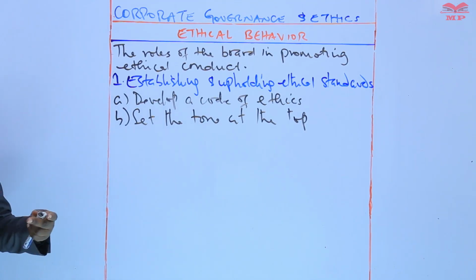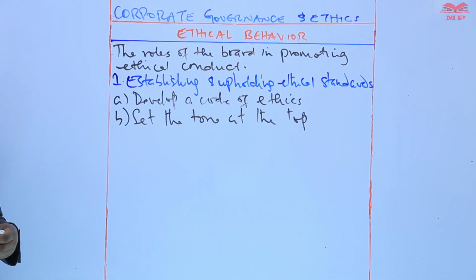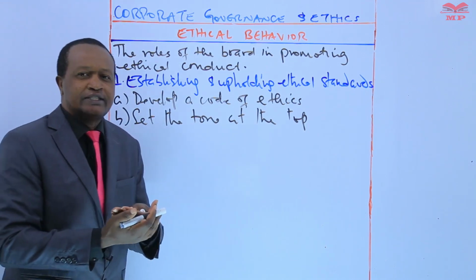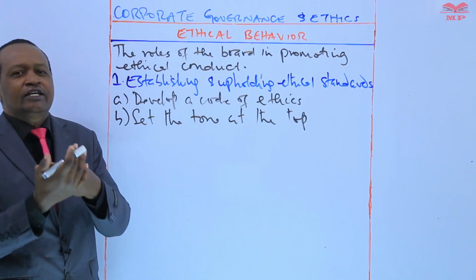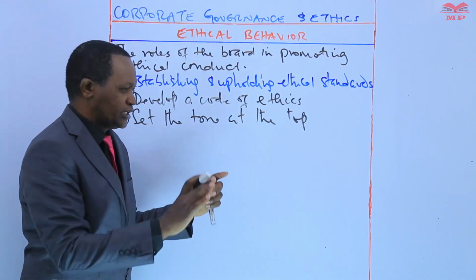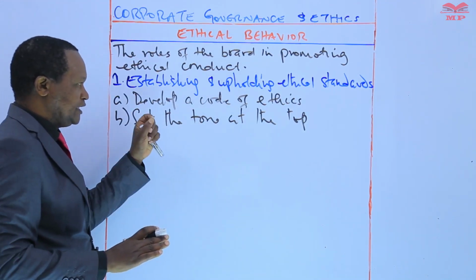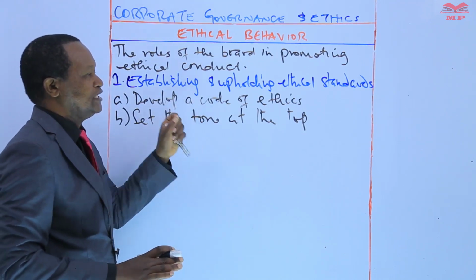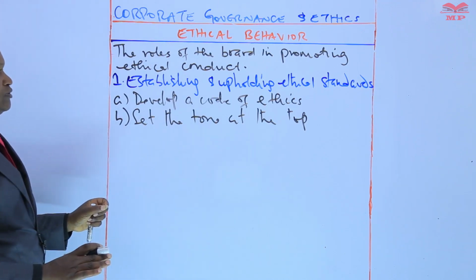The board should lead by example, demonstrating ethical behavior in their own actions and decisions, and they should uphold the highest standards of integrity, transparency, honesty in their interactions with the stakeholders. Setting the tone at the top means leading by example.